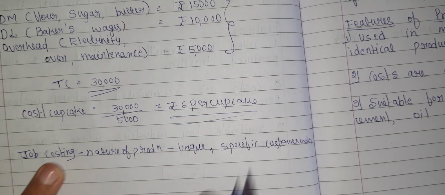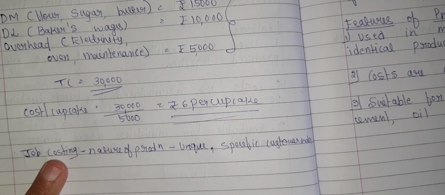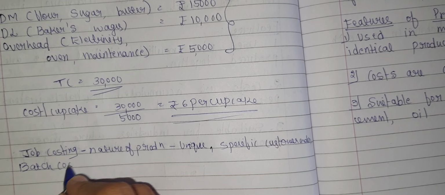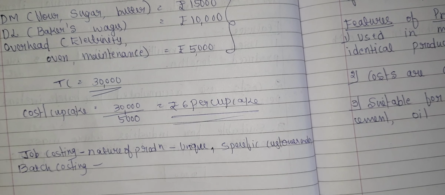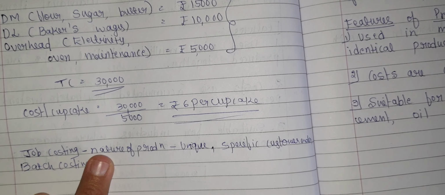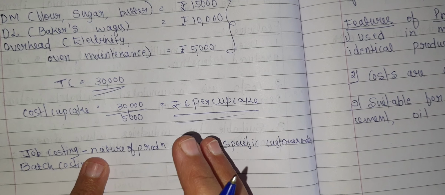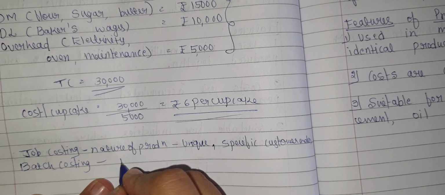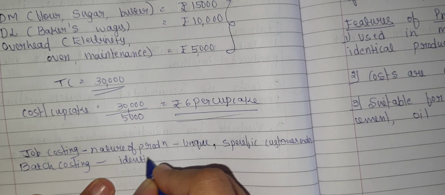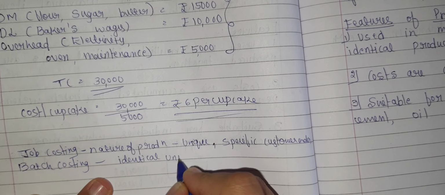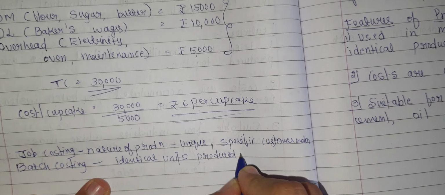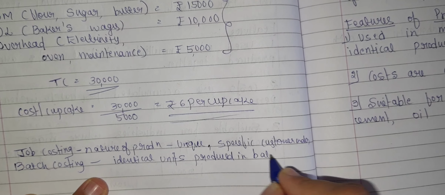And in batch costing, what is the nature of production here? In batch costing, the nature of production is identical units produced in batches or groups.